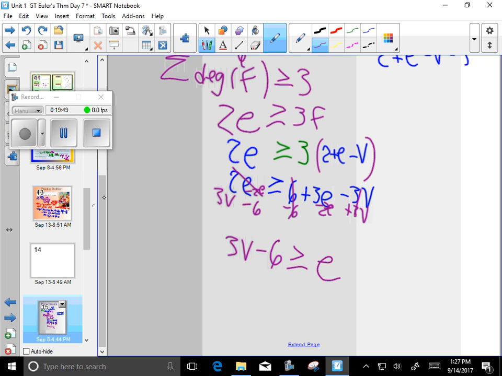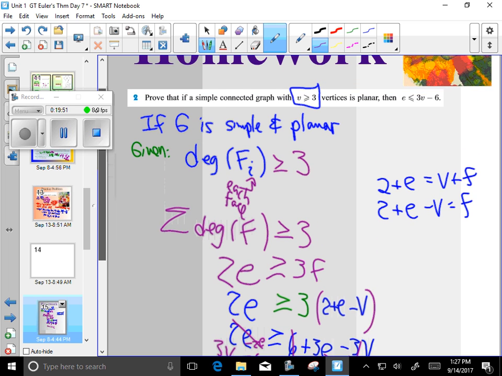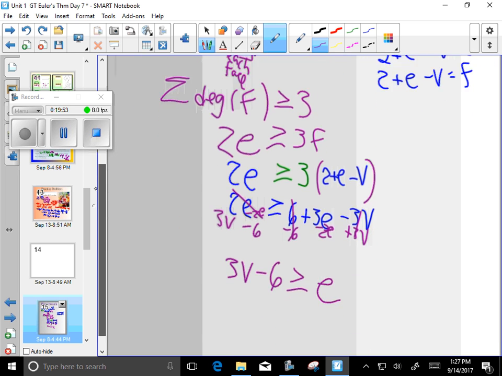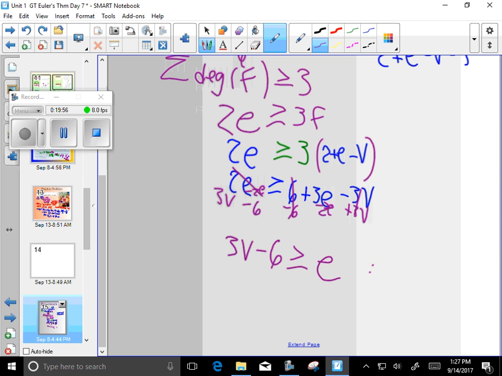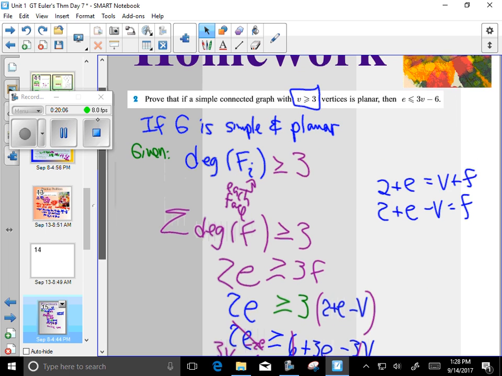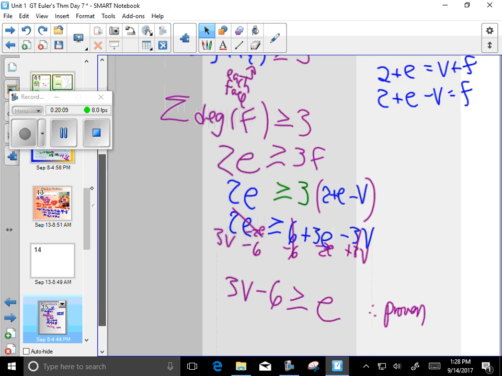Is that what we were trying to prove? E is less than or equal to 3v minus 6, proven. Okay? And that's how you would use that to prove that relationship for a connected graph with v greater than 3 that is planar.